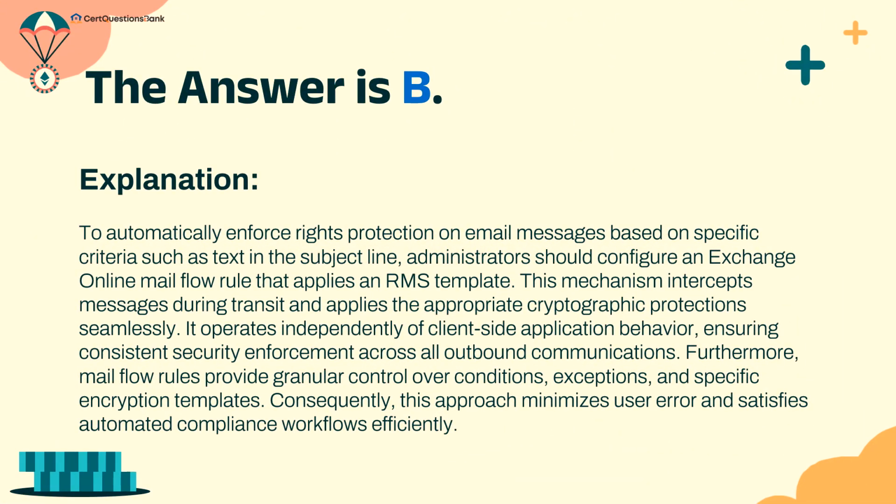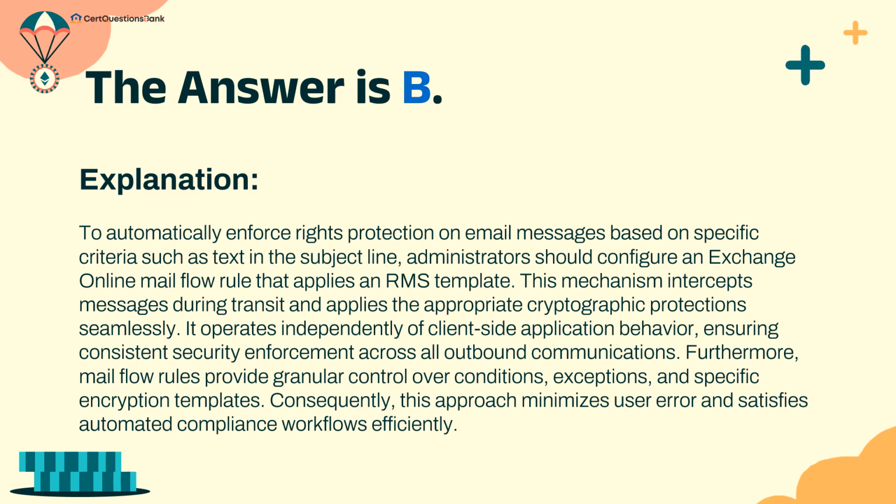To automatically enforce rights protection on email messages based on specific criteria such as text in the subject line, administrators should configure an Exchange Online mail flow rule that applies an RMS template. This mechanism intercepts messages during transit and applies the appropriate cryptographic protections seamlessly.